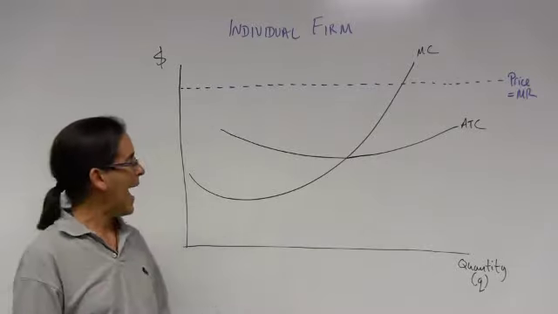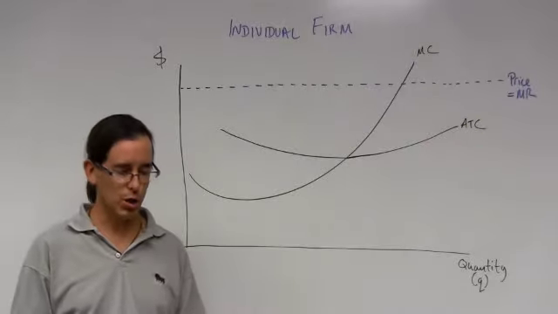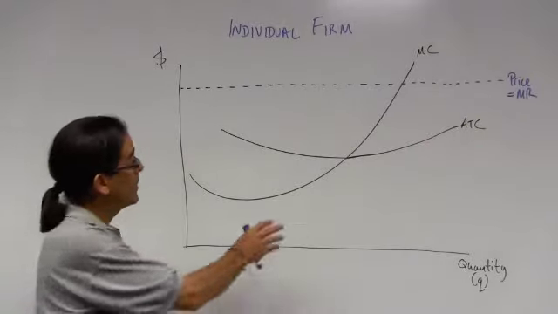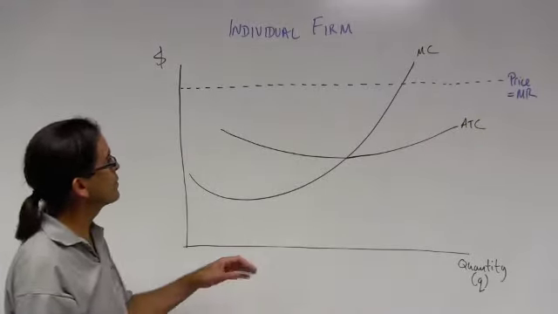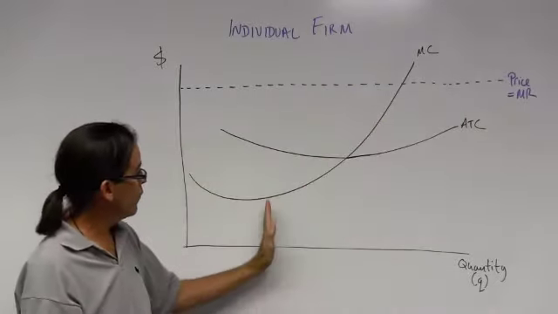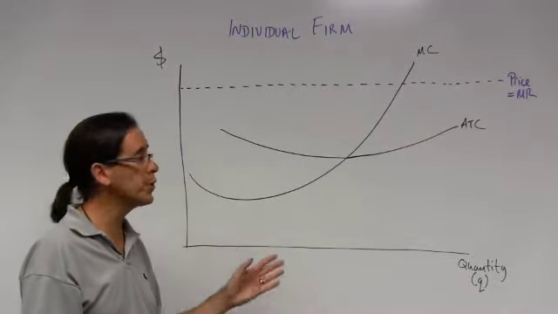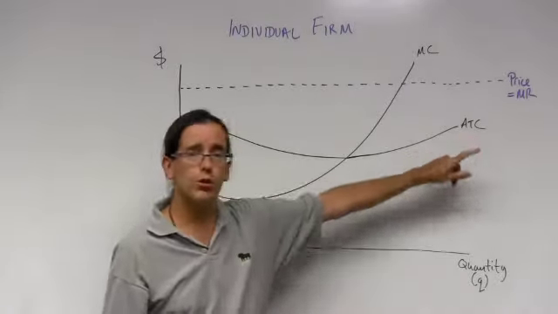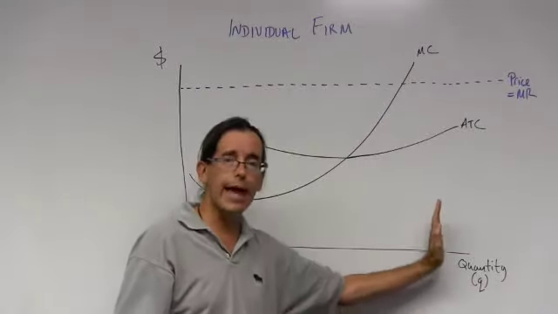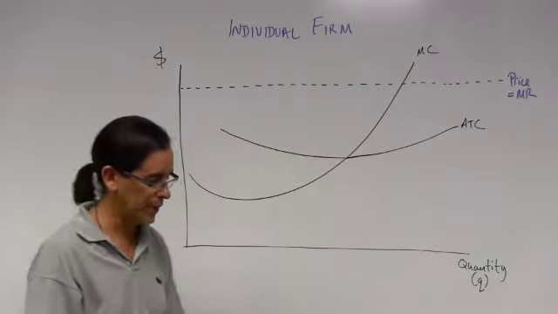So the question is, how would that kind of technology change look on a firm's cost curves? Okay? So we have our standard individual firm's cost curves. We have the marginal cost curve. That's telling us, for given levels of output, how much does it cost to produce one more unit of output? Our average total cost curve, again, we're reading it at a particular level of output. What's the unit cost of production? Okay?